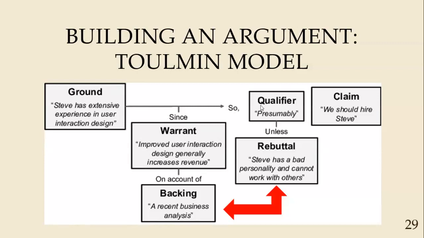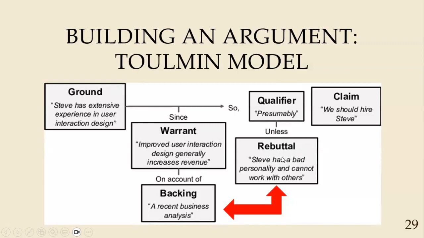We're bringing up conflicting evidence, so there is no clear-cut answer most of the time. There's a lot of gray area. So it's important to include those qualifiers to give the rebuttal a fair voice, and to maintain our credibility as a writer, being objective and as unbiased as possible.